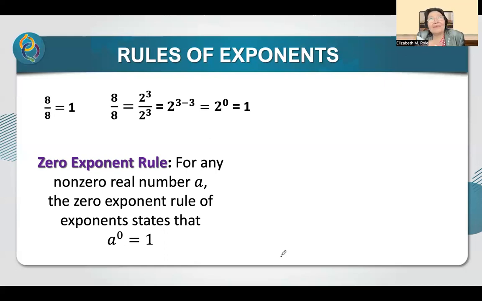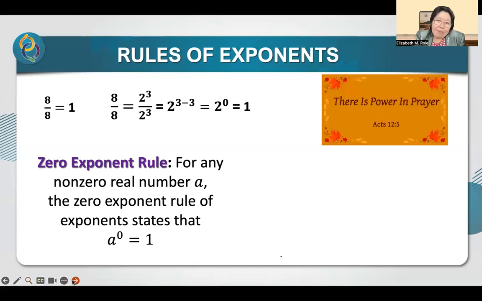That brings me to something like power. If the power is 0, then it will just be 1. And I think it had been said that there is power in prayer, right? There is power in prayer because we are praying to a powerful God.